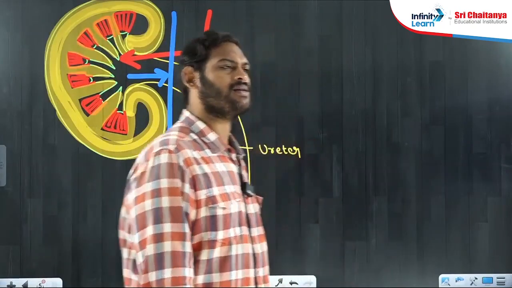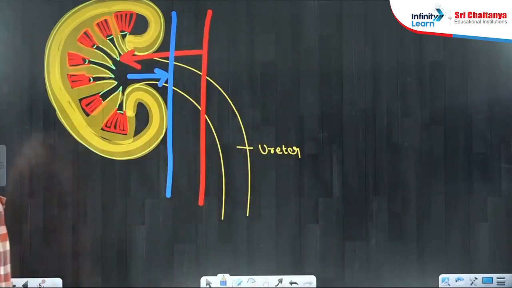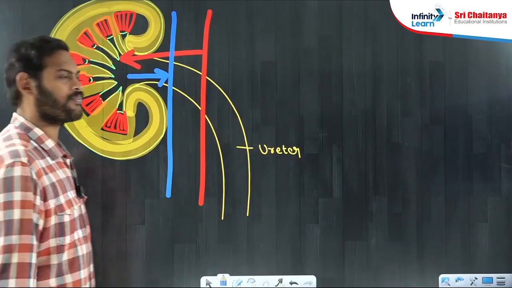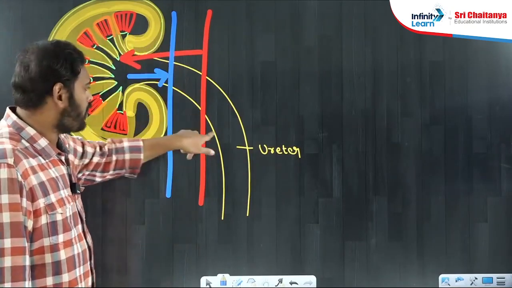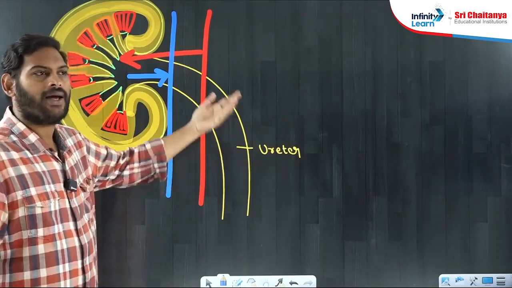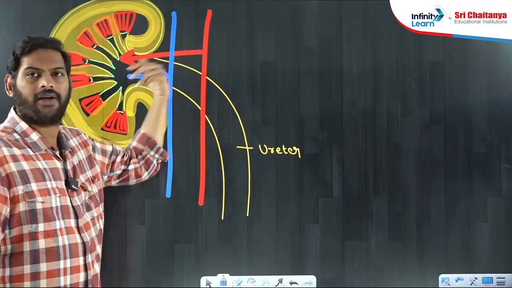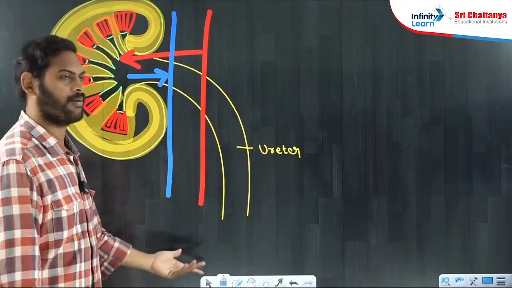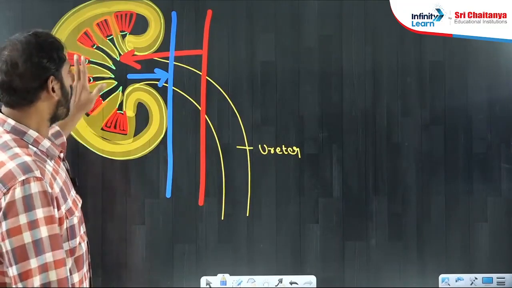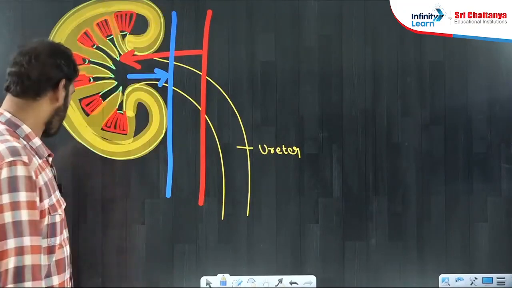Listen twice, that is much better for you. So at the junction of the hilum, you can see the ureter coming out, entry of the renal artery and exit of the renal vein also.